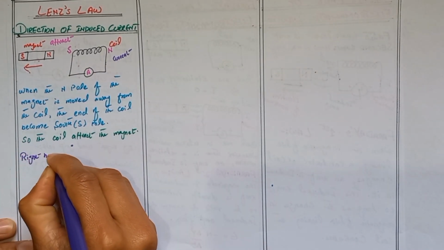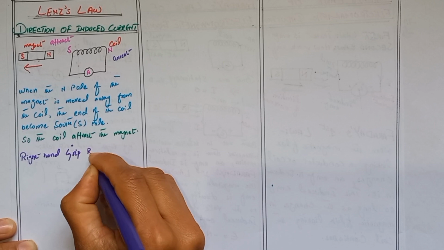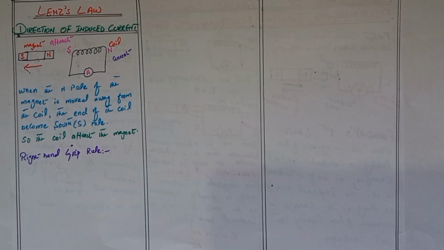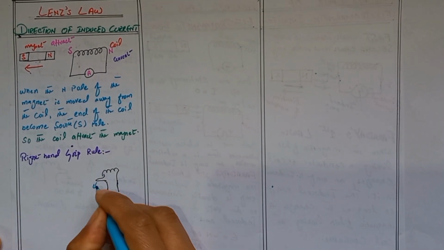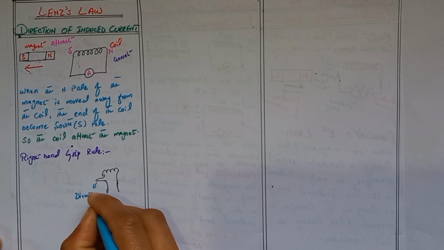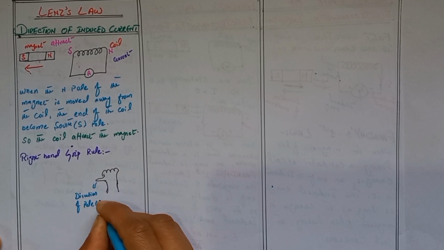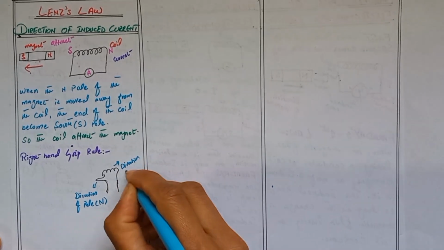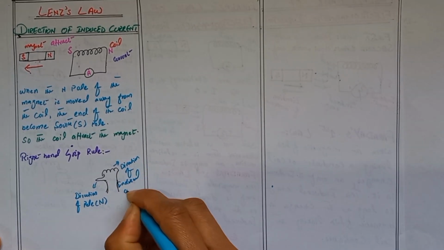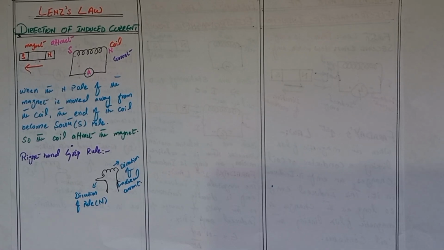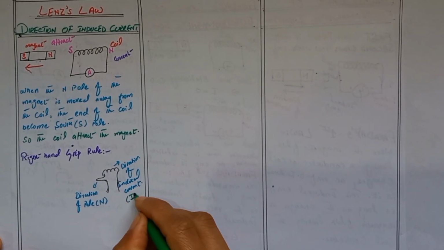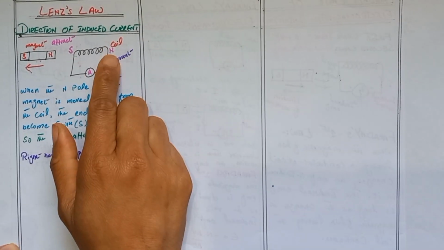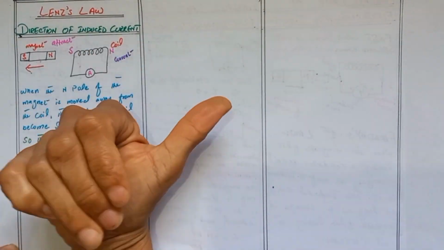By the right hand grip rule, the thumb represents the direction of the north pole, and the curved fingers show the direction of induced current. So by the right hand grip rule, we can find the direction of induced current. If this is the south pole of the magnet, this is north pole, so the thumb is in the direction of the north pole.